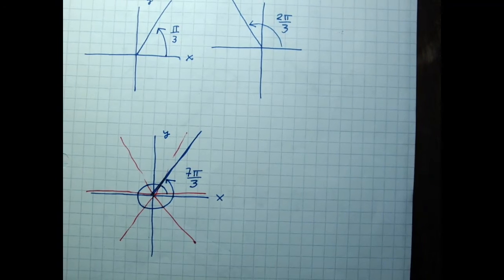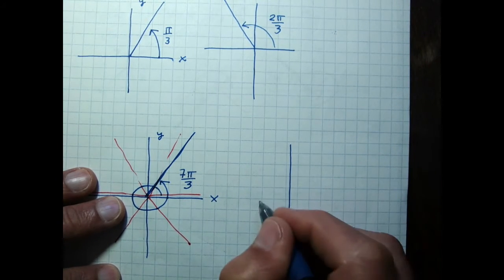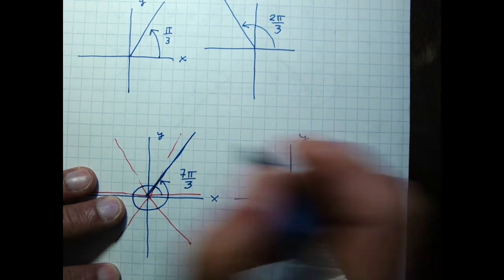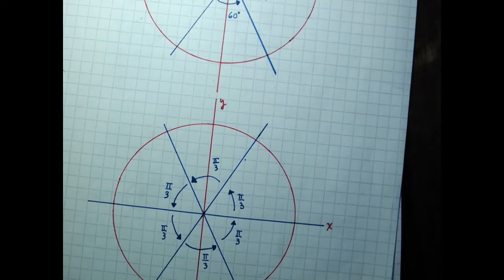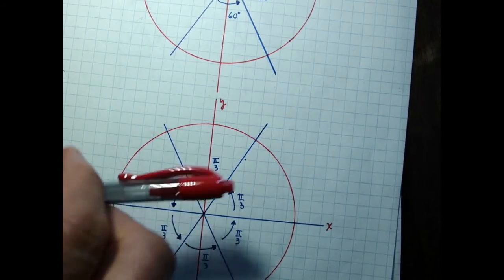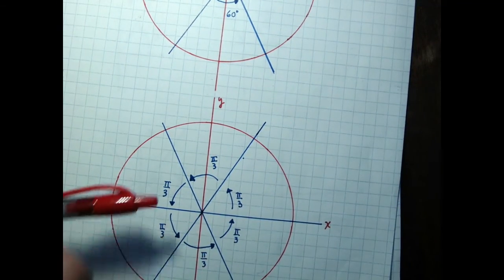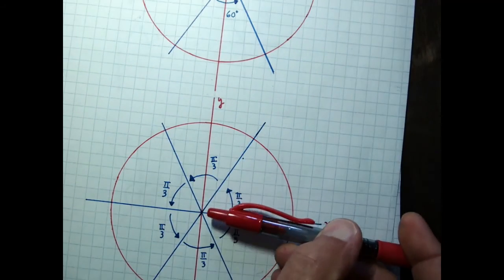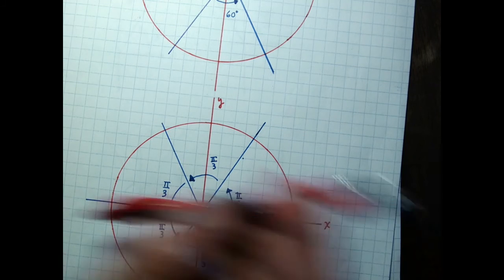And now we've got to do negative 11 pi over 3. So again, this guy makes it easy if I do negative 11: negative 1, 2, 3, 4, 5, 6, 7, 8, 9, 10, 11. Just short of negative 12 pi over 3, which would be 2 full negative rotations.